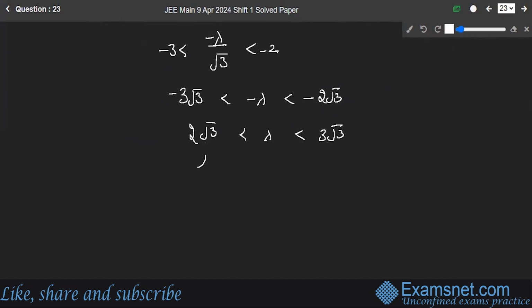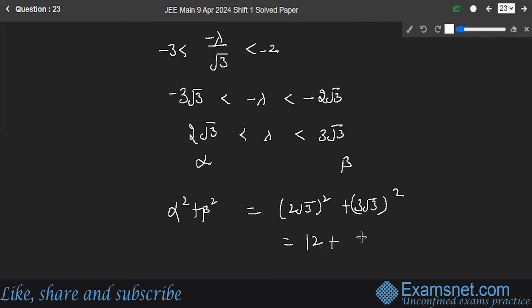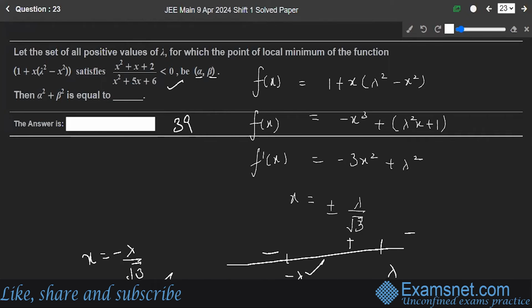So this is your alpha and this is your beta. You have to find out alpha square plus beta square. So (2√3)² + (3√3)², which is equal to 12 + 27. That is equal to 39. So this is the answer to the question: 39.